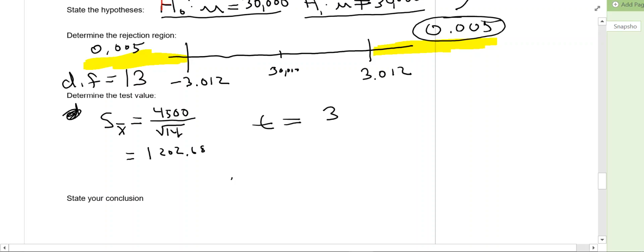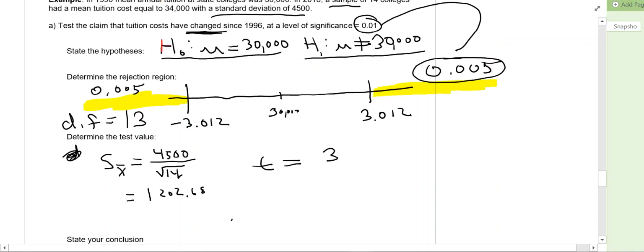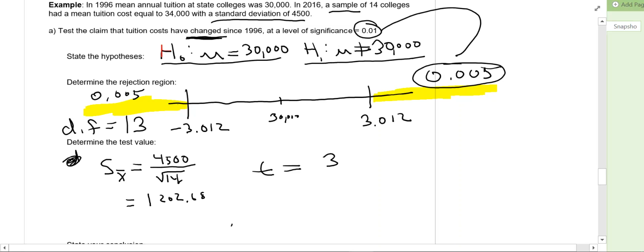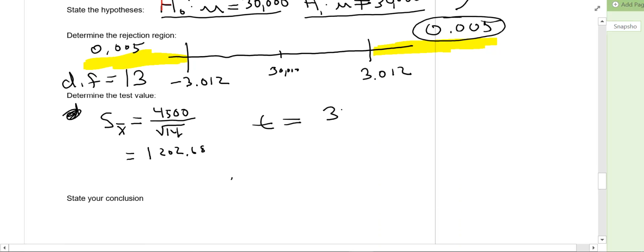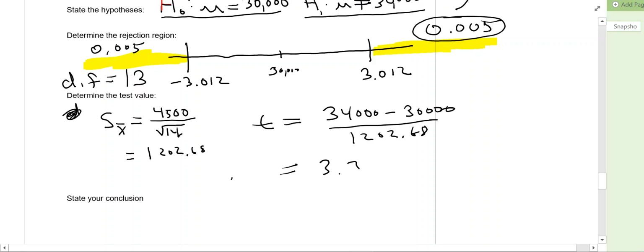I think I'll move up here. 34,000 minus the null hypothesis mean divided by the standard deviation. Do your math, and you get a t-score of 3.3259. Okay?